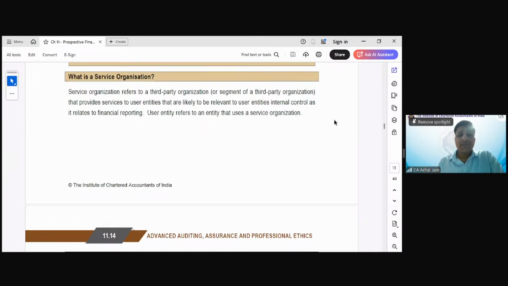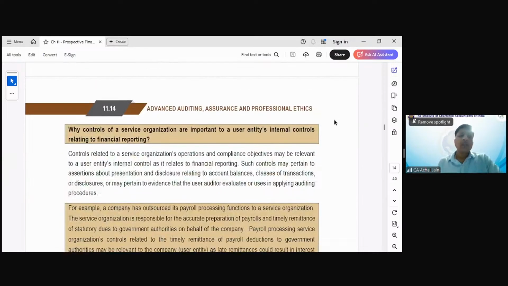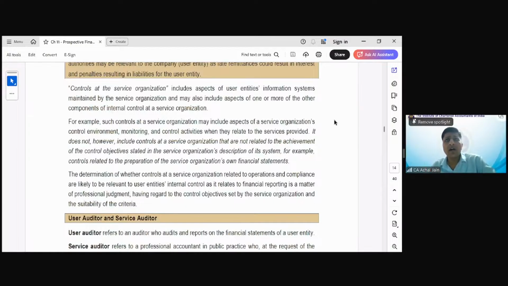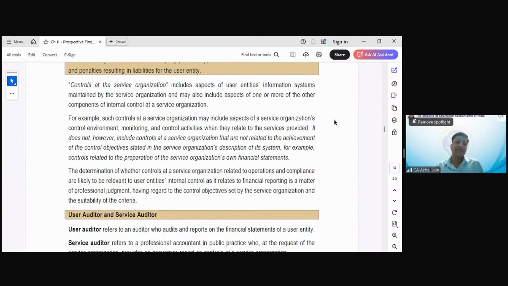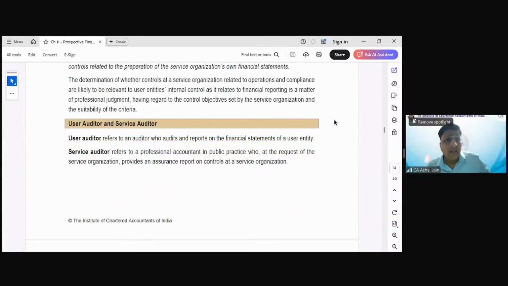Okay. Now, in this case, why are these controls important? Of course, we have talked about it, that if the controls of that payroll services provider are inappropriate, then it will have a bearing on the audit of the company A Limited. Right? Now, in this case, user auditor means the auditor of A Limited.